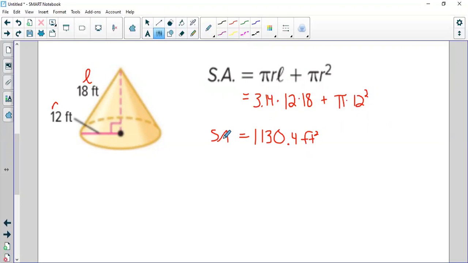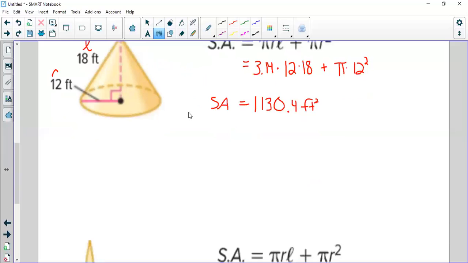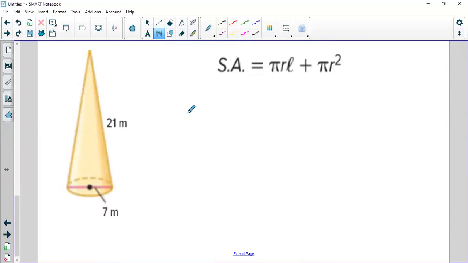Surface area equals. All right, just using a new formula and a new measurement, that slanted height, the L or the S, as some books or websites call it. Okay, one more. Of course, you know that this one can't be quite as easy.